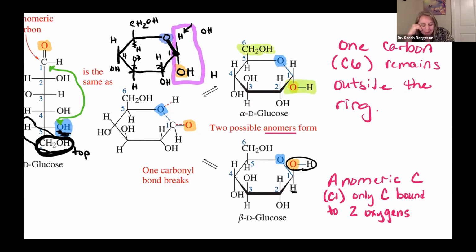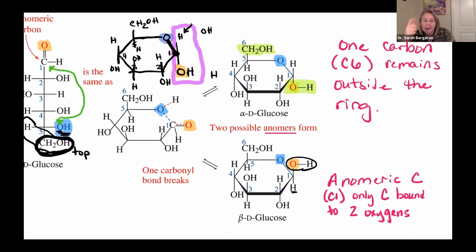Remember what I said about going up and going down? If it's going up, it's on the top surface of the ring. If it's pointed down, it's on the bottom surface of the ring.